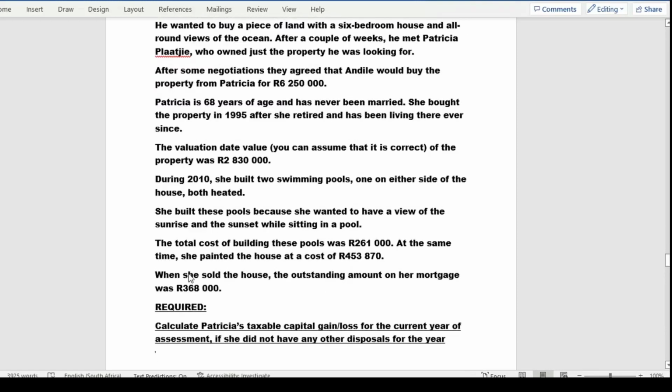During 2010, she built 2 swimming pools, one on the other side of the house, both heated. She built the swimming pools because she wanted to have a view of the sunrise and the sunset while sitting in the pool. The total cost of building the swimming pools is 261,000. At the same time, she painted the house for an amount of 453,870. When she sold the house, the outstanding mortgage was 368,000.